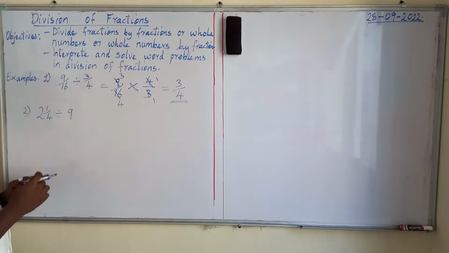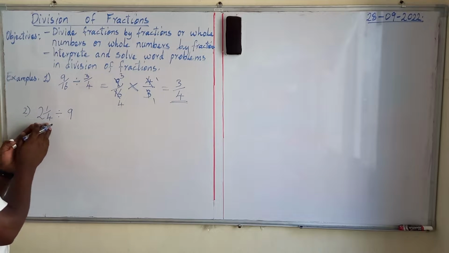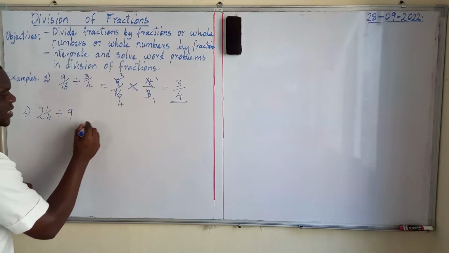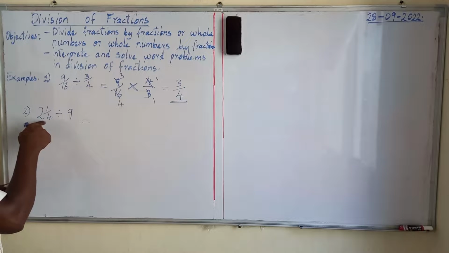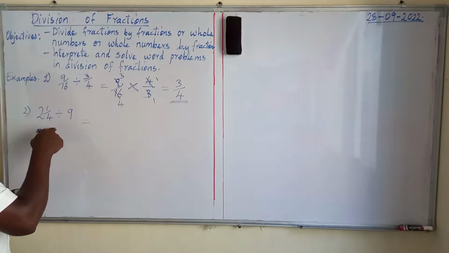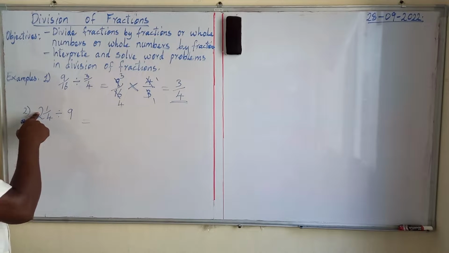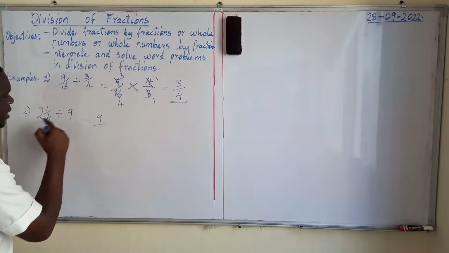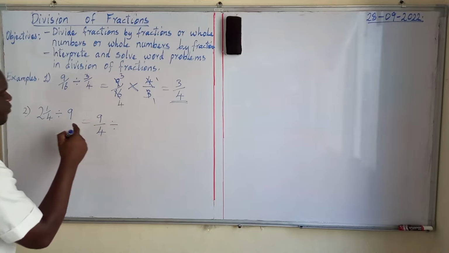2¼ divided by 9. Here, this is a mixed fraction divided by a whole number. The first thing is to change the mixed fraction to an improper fraction. 4 times 2 is 8, and 8 plus 1 is 9. So we have 9/4 divided by 9.